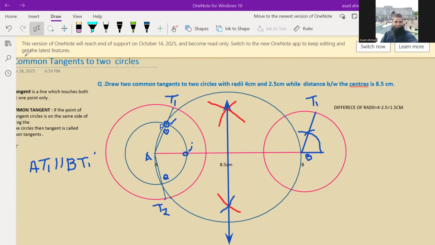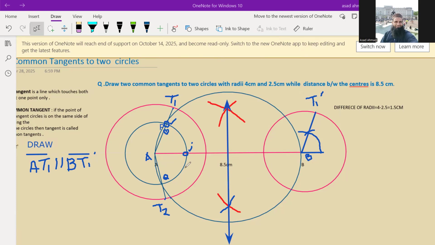So this is the requirement that we have to draw: AT1 parallel to BT1 dash. So we need two parallel lines like this one. So I have drawn it. So you have seen that we have obtained these 2 points, T1 and T1 dash.